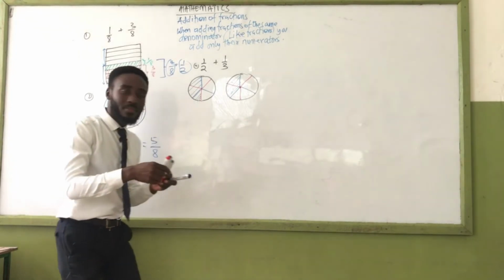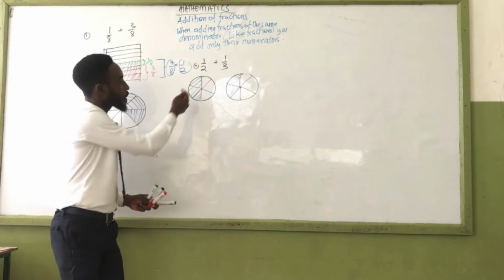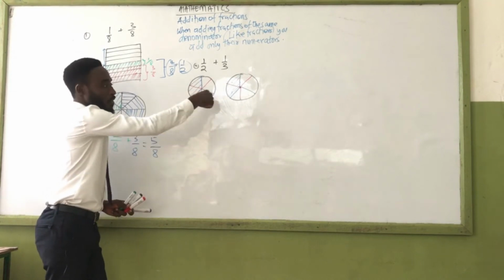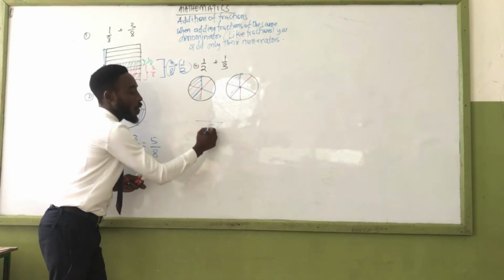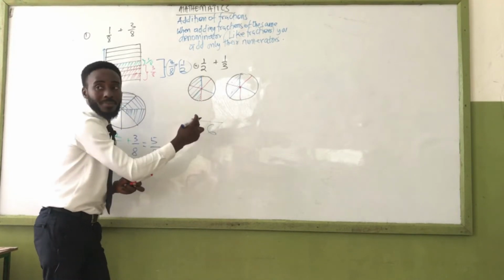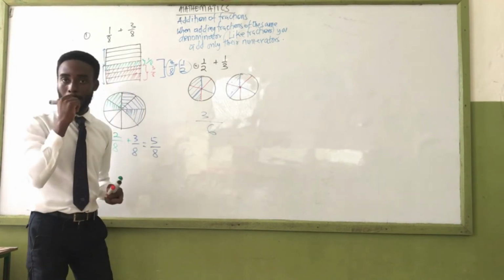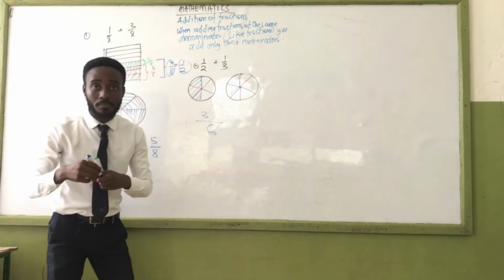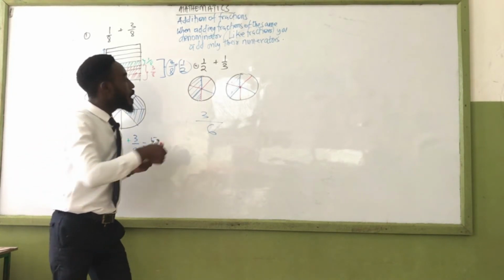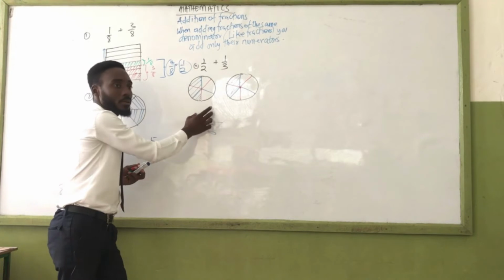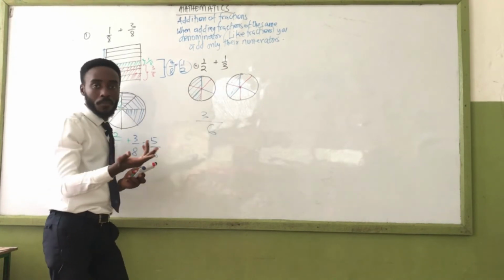Edna: 3 out of 6. Can you see that? 1, 2, 3. What's the total part? What is the shaded part? So 3 out of 6. Okay, what's the problem? It's 3. 1, 2, 3, out of 1, 2, 3, 4, 5, 6.